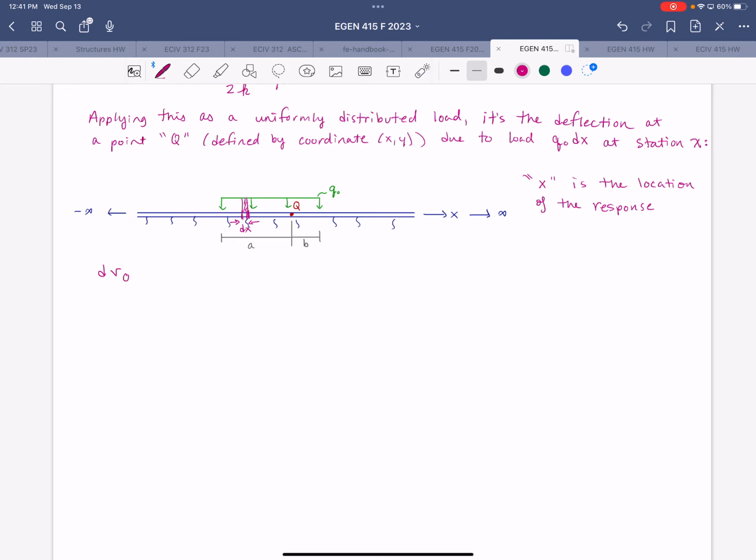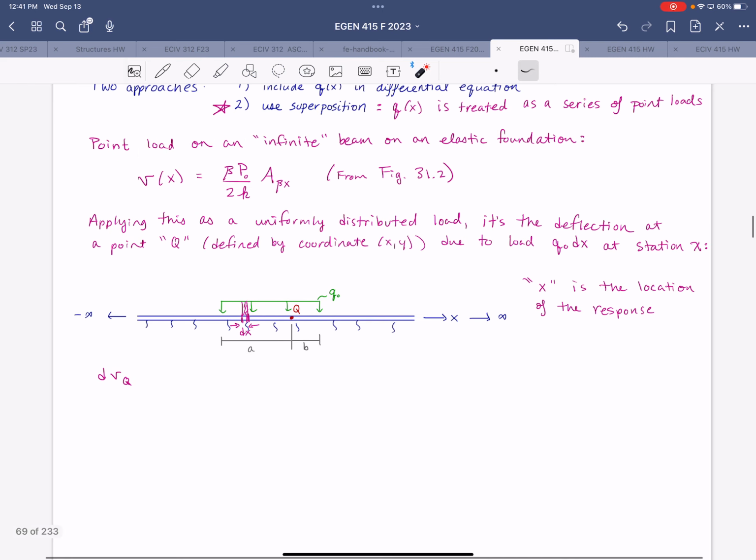So if we take the portion of the change in deflection, this equation, just due to that finite length, right? We'd have beta times Q naught dx.